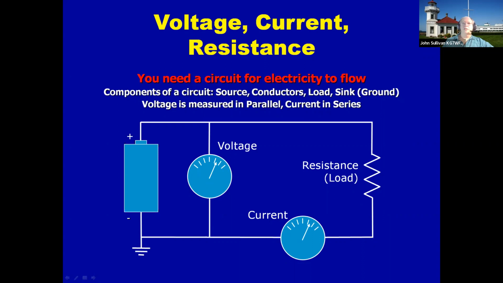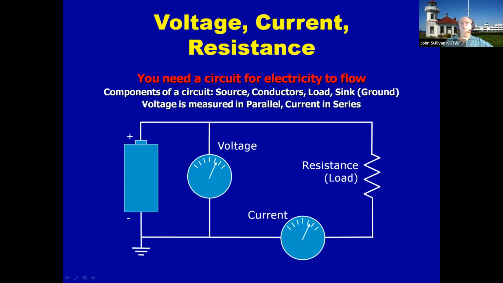You can see that down in the bottom right we have a current meter. It says current. That would be an ammeter. This meter is going to measure how much current flows through it. And you have another meter up there that's across the two wires. It's going to measure the difference in potential, or the difference in the energy level, between one side and the other.